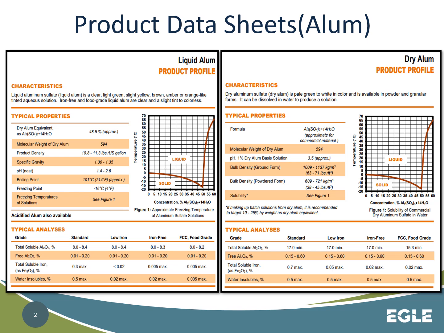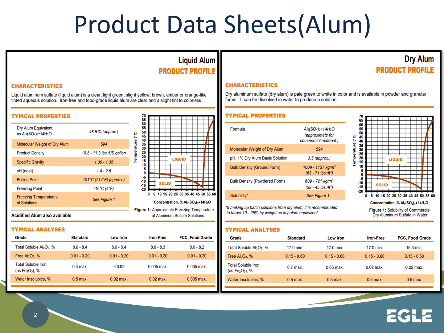So say you're able to weigh 100 pounds of the solution, and with the product data sheet, 48.5% is the dry alum equivalent, or the solid hydrated equivalent to that. That's represented by the formula Al2(SO4)3 and then 14H2O. That is what is meant by dry equivalent alum.